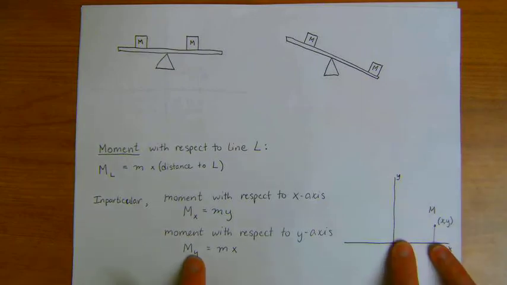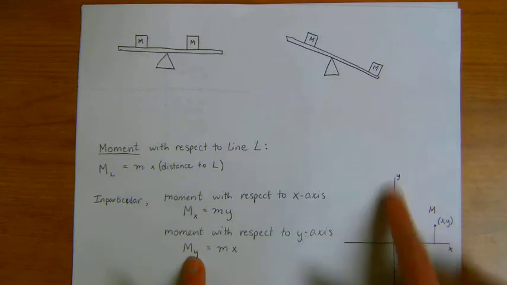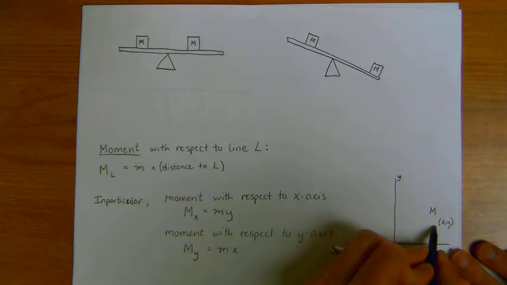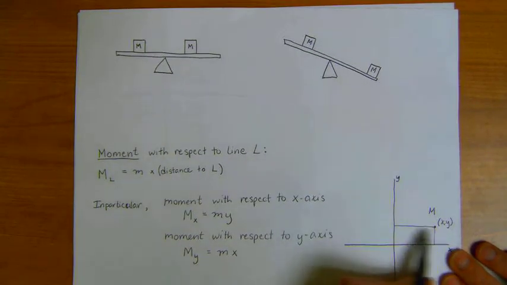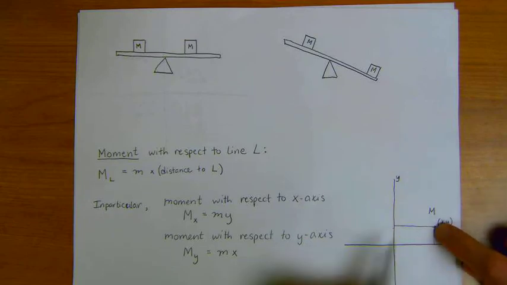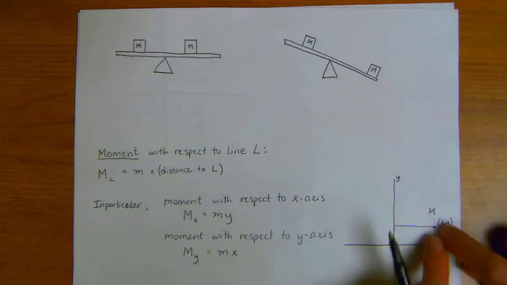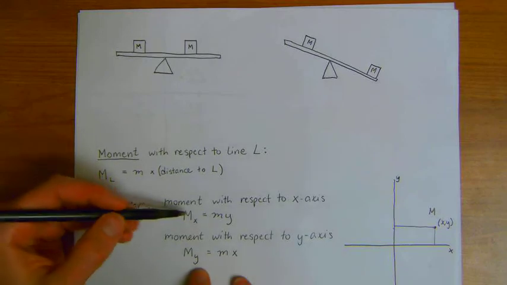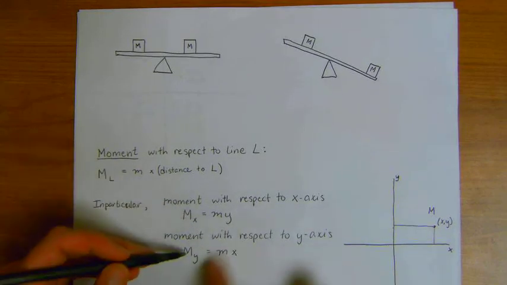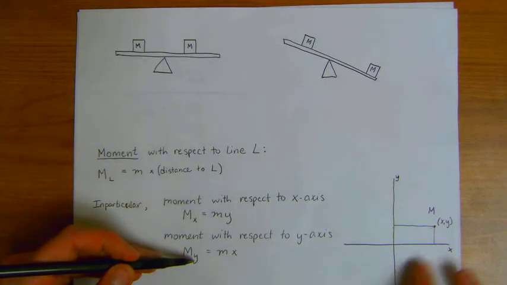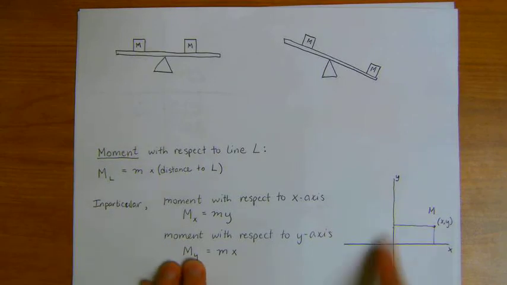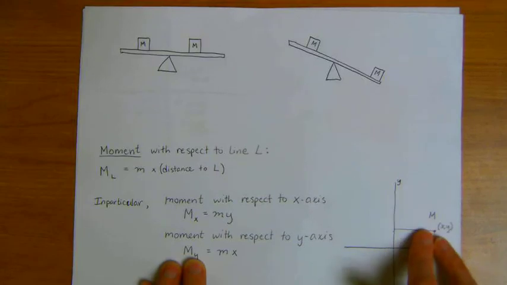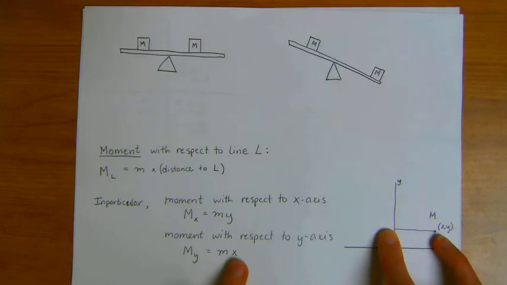Similarly, the moment with respect to the y-axis, with respect to this line, is going to be the mass of the object times the distance from the line, which, of course, that distance is measured in x. It's sort of confusing because m sub x has a y in it and m sub y has an x in it, but really once you draw a picture, I think that it's really intuitive that the moment with respect to the y-axis is just the distance away from the y-axis, so that's why we would need to have an x in there.